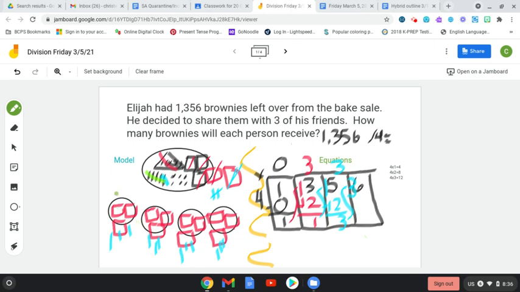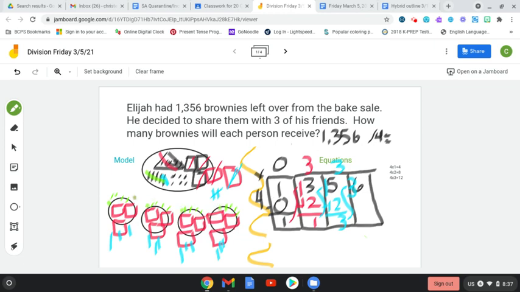So let's keep going. 1, 2, 3. It's not very dark. 4, 5, 6, 7, 8. Remember, I'm giving away 30 right now. 9, 10, 11, 12, 13, 14, 15, 16, 17, 18, 19, 20.